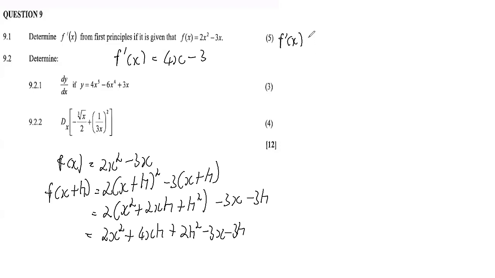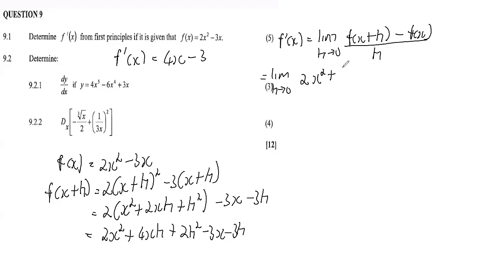Then f prime x is equal to the limit as h approaches 0 of f of x plus h minus f of x, over h, right? Now, you want to take all of that expression there, 2x squared plus 4xh plus 2h squared minus 3x minus 3h, minus the whole expression.